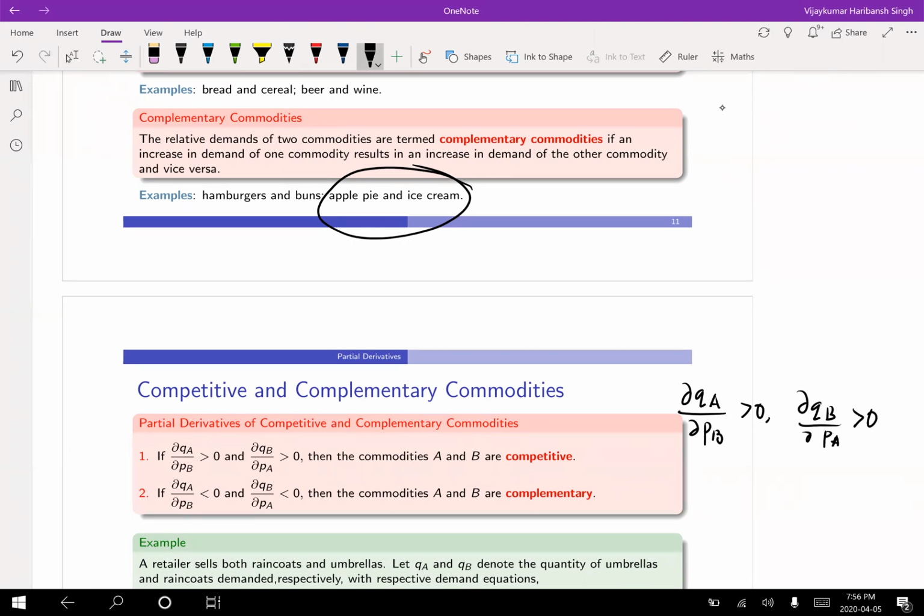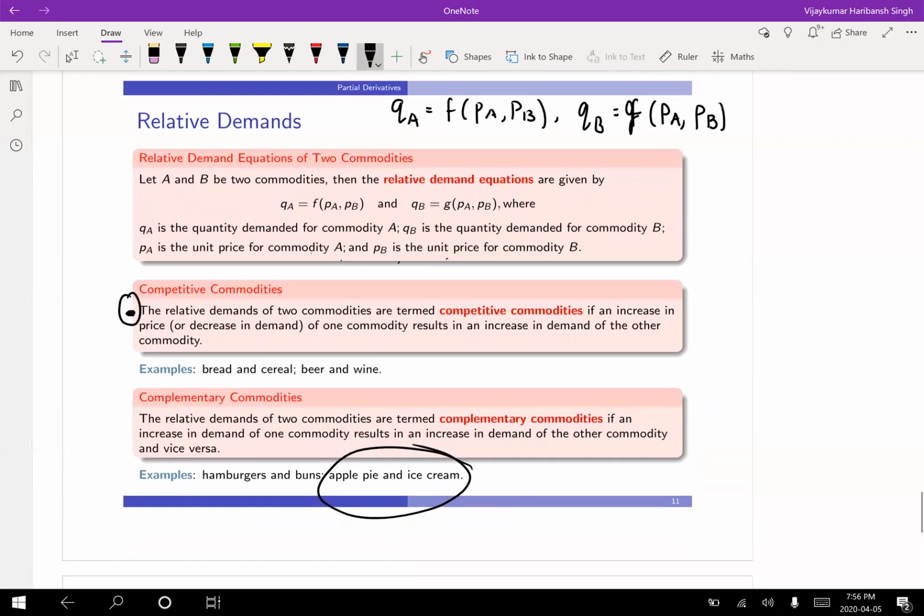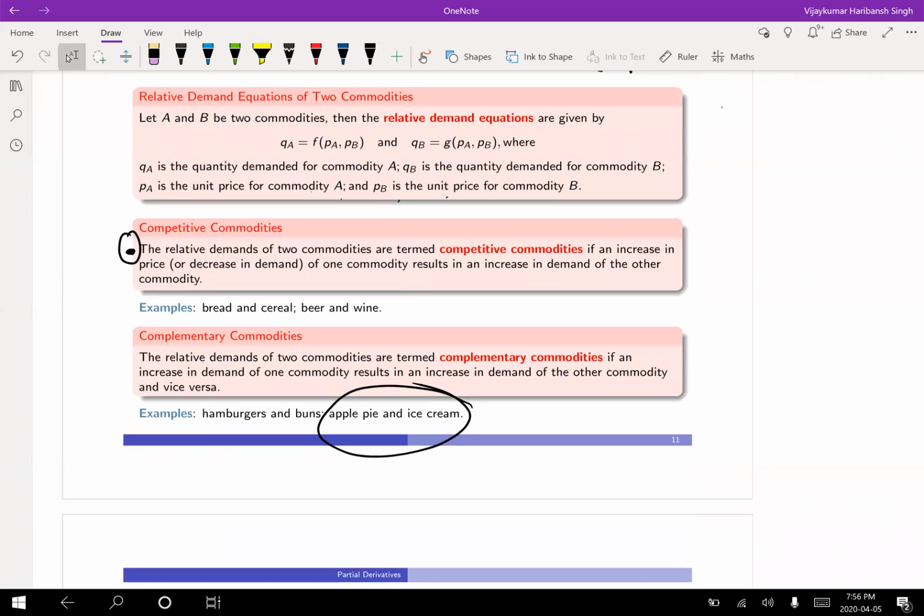Then such commodities are called competitive, right? So the idea is, let's go back. Why is it competitive? Because an increase in the price of one commodity results in an increase in the demand for the other commodity, okay? So increasing the price results in an increase in the demand of the other commodity.